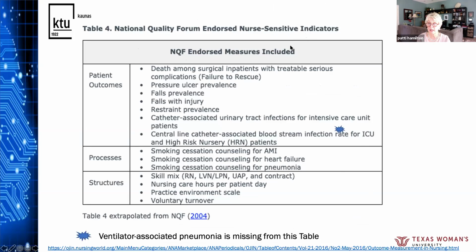Now we're into a national organization that's bringing together indicators not only from nursing but other places. And these are the ones that made the cut to be included in this evidence here, which came out of the Agency for Health Research and Quality in the United States. So take a minute. Here were patient outcomes, process outcomes, and structure outcomes.